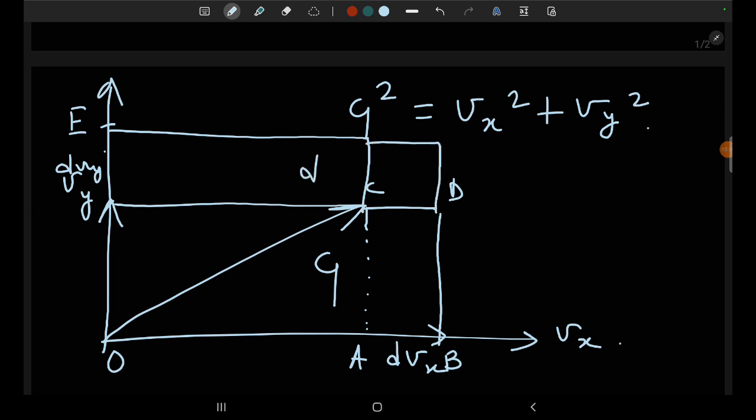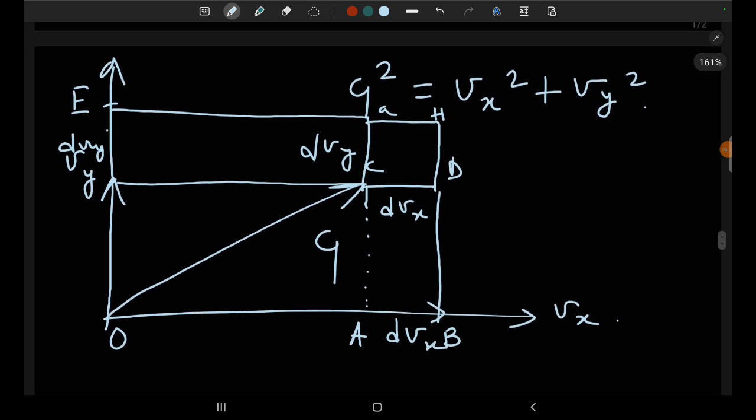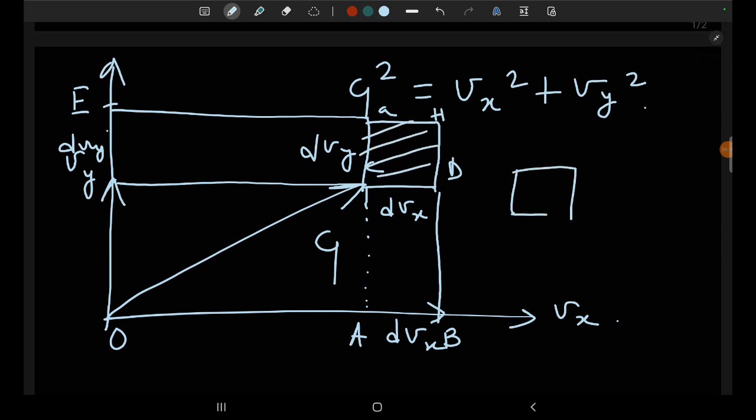So this was our dVy, this is our dVx, and we can call these two points right here G, H. Let's isolate this rectangle dVx into dVy. This is rectangle CDGH. The rectangle CDGH has one dimension as dVx and one dimension as dVy.